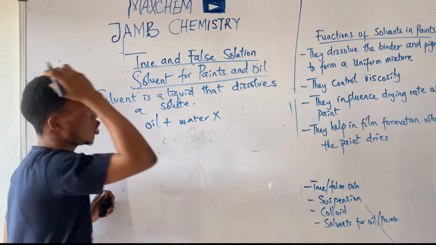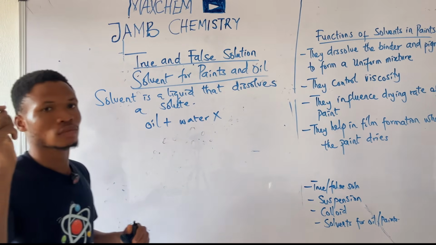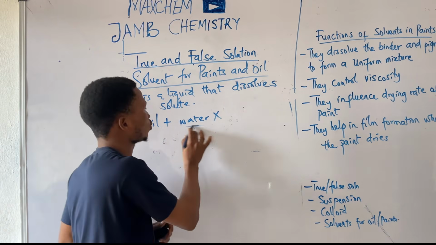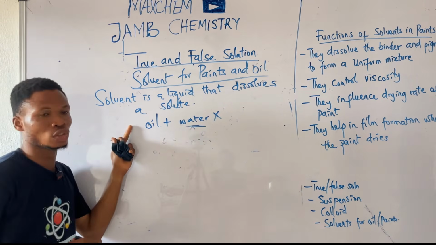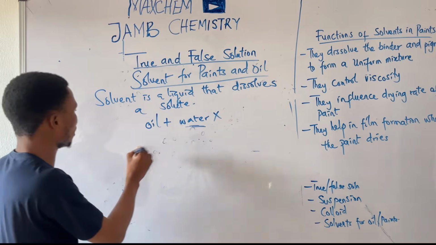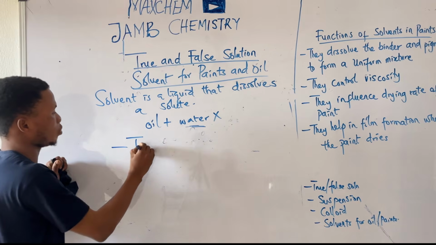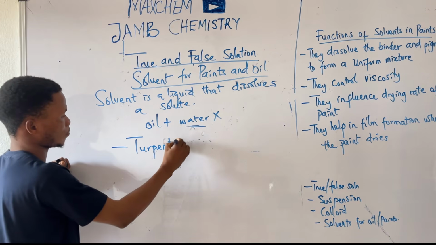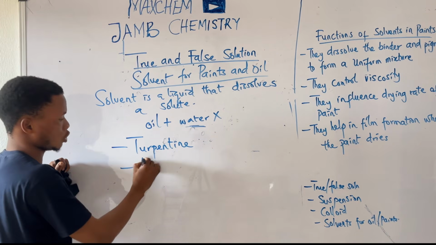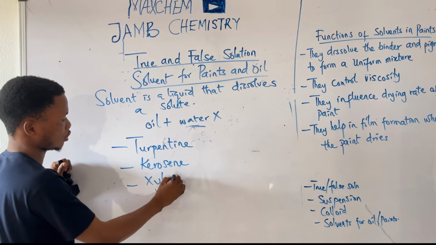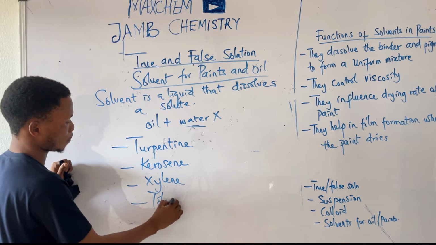You all know that. So there are some solvents that we use instead of water to dissolve oil and paint. Examples of that kind of substance, we have turpentine. You can use kerosene. You can use xylene. You can use toluene.